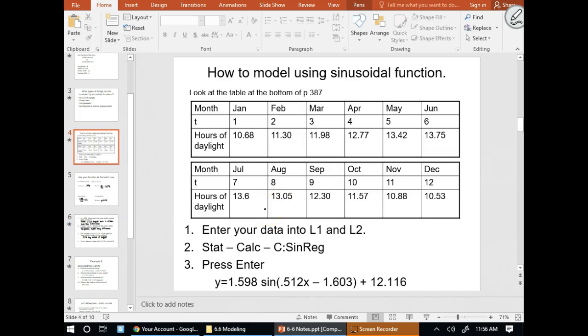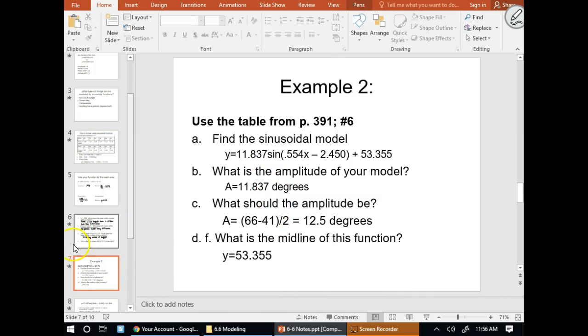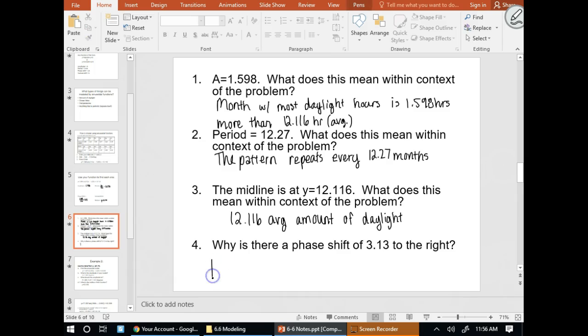It does not do cosine functions when it's doing a regression. So, whenever we look at a sine function, it begins at 0, 0, and does this.